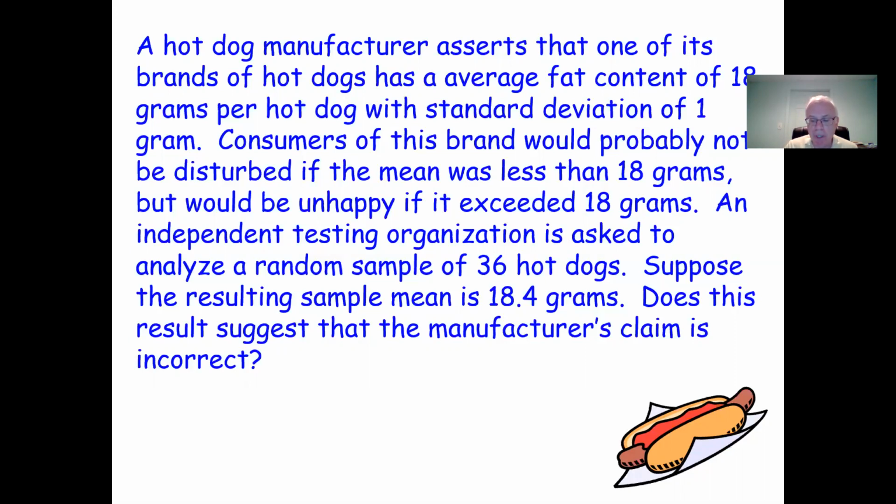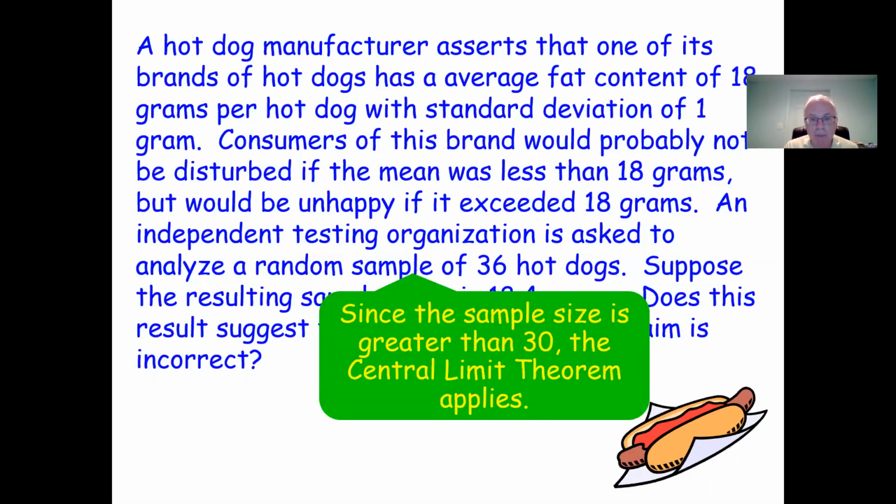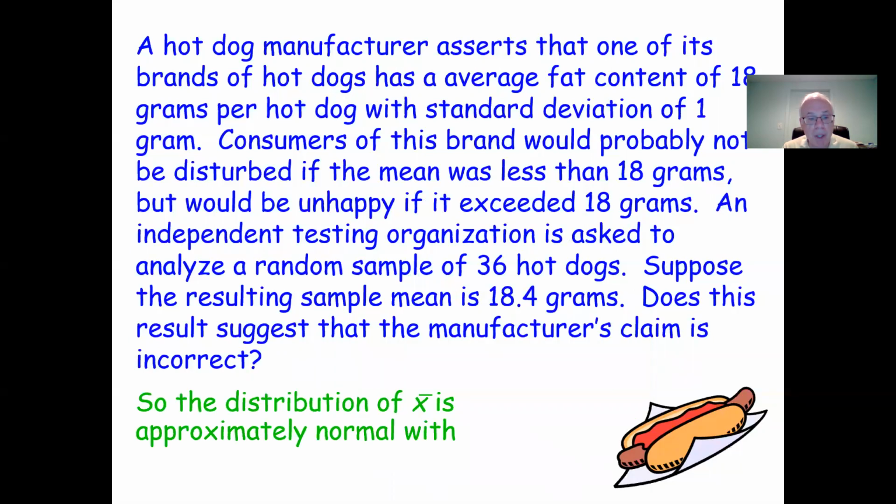All right, so let's see how they do this problem. Sample size is greater than 30. There's no information about the fat content being normally distributed, but since the sample size is greater than 30, we're going to assume the sampling distribution is approximately normal according to the central limit theorem. There's the mean of the sampling distribution, 18.